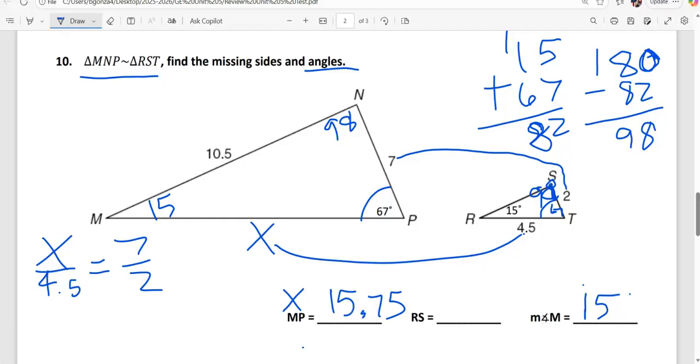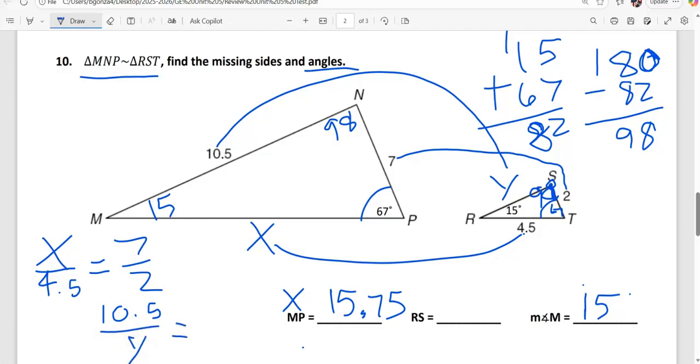And then RS is missing. We'll call that Y. That corresponds to 10.5. So 10.5 over Y equals 7 over 2. And that should give you 3.